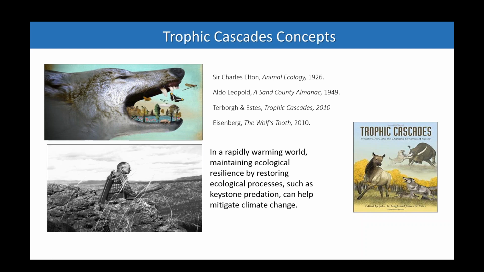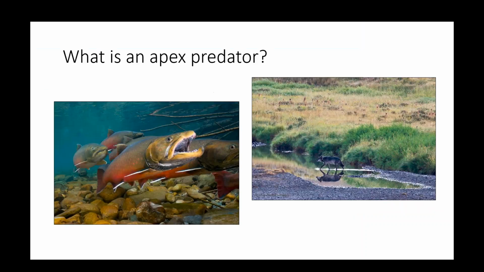It has been identified starting with Sir Charles Elton, going on through Aldo Leopold, and now more recently with things like the wolf reintroduction in Yellowstone. It is one of several processes that help maintain ecological resiliency, and this can mitigate climate change.